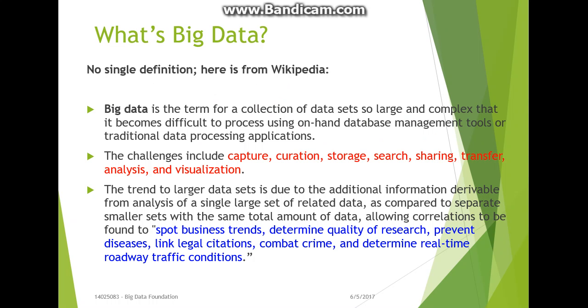You can imagine that data in social networks right now is very large and complex, with much information in it, and we can call it big data. The challenges include capture, curation, storage, search, sharing, transfer, analytics, and visualization.